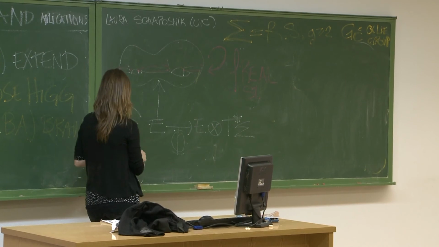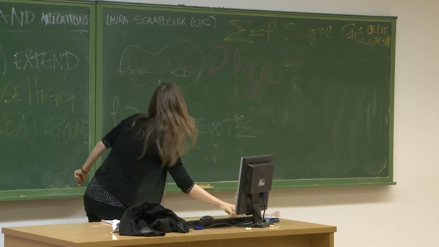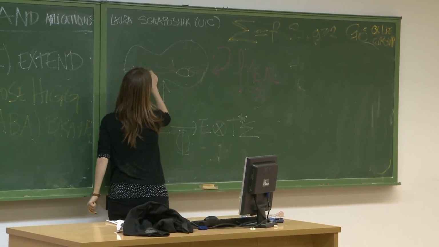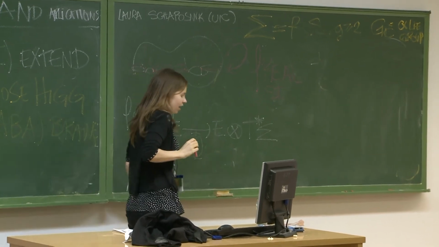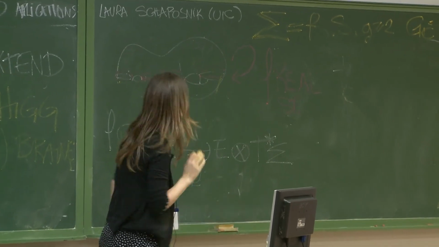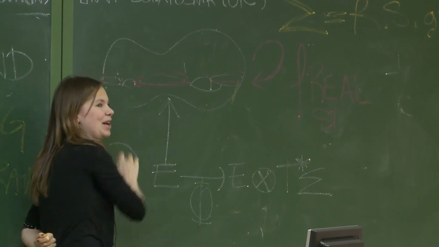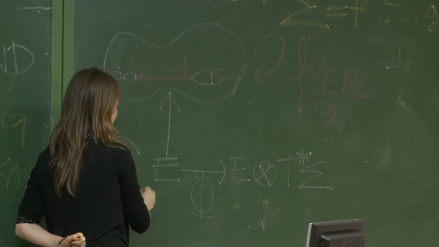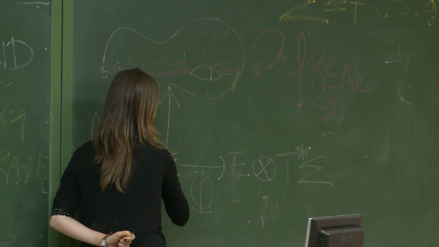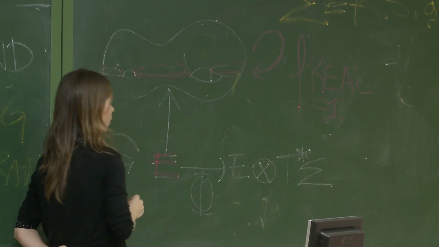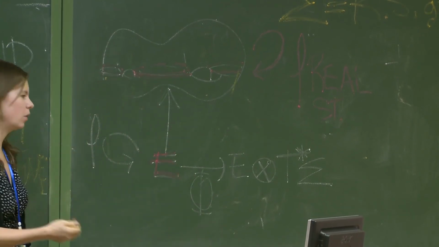But if you look at this red part here, then what we need is the vector bundle to be sent to itself or minus itself, or its dual. So we only have two options.